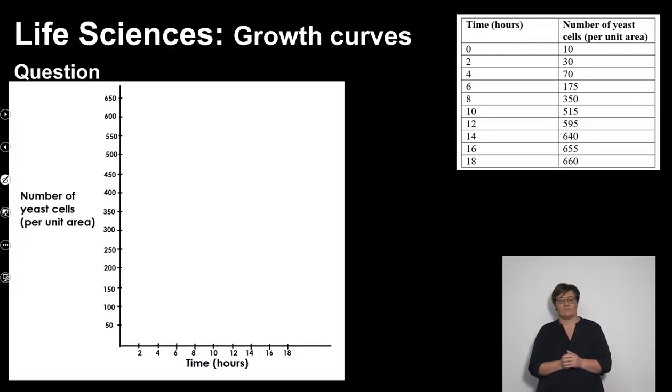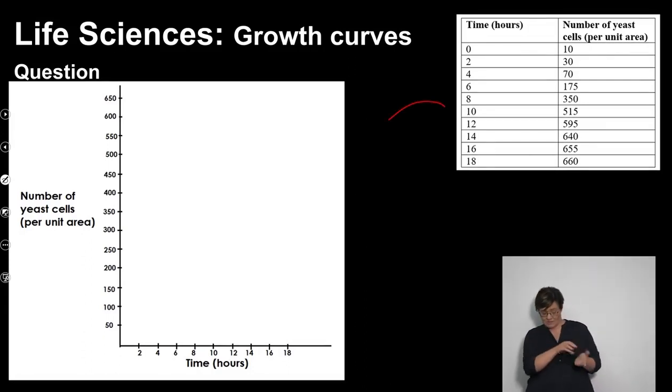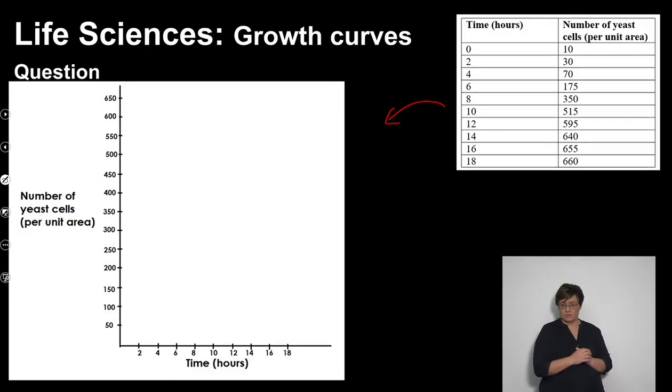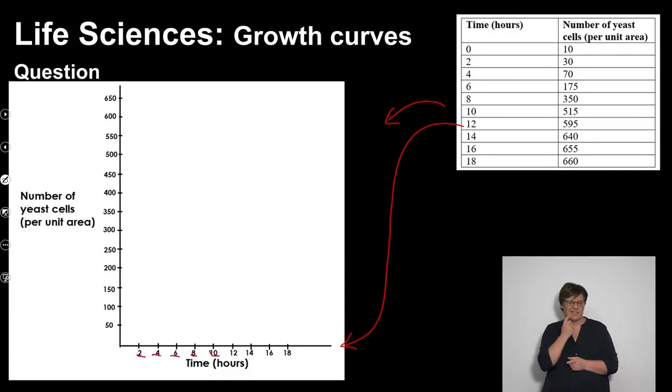Next thing, we have to make sure that we plot our variables from our data table into this graph. Time is very easy. Time is our independent variable that we're controlling. We measured the population every 2 hours, so that's easy to plot.